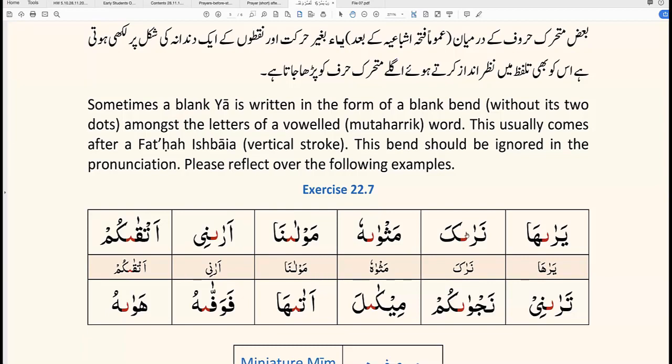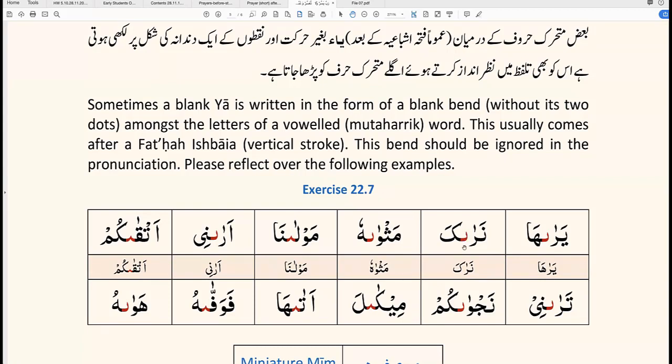Here, this shape here is the shape that a ya would take if it was joining on to a qaf, and it would have 2 dots. You can see here, this is a ya with 2 dots. Here, there is the same shape, but no dots.